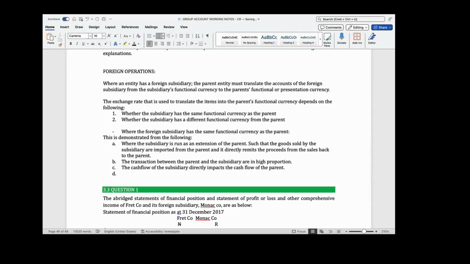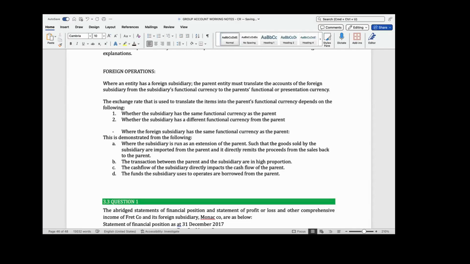And also, the funds the subsidiary uses to operate are borrowed from the parent. So that's where the foreign subsidiary has the same functional currency. If all this happens, it means that they have the same functional currency.